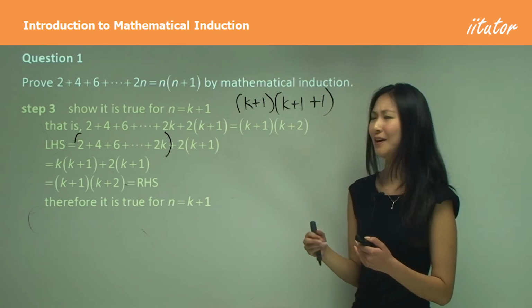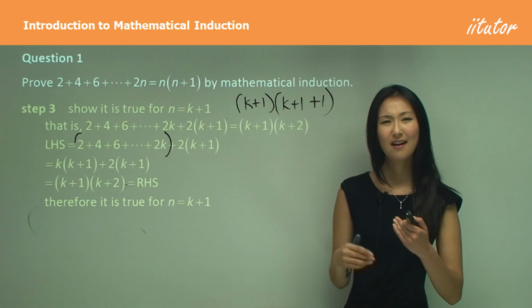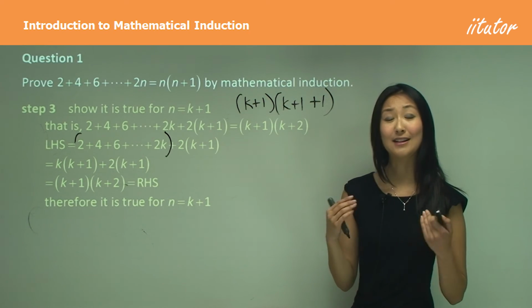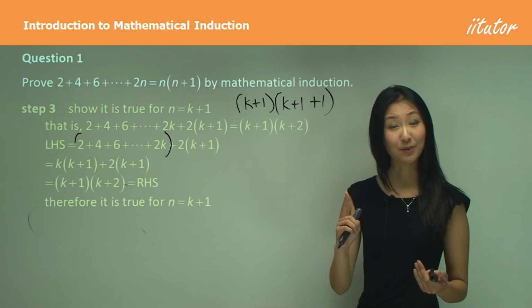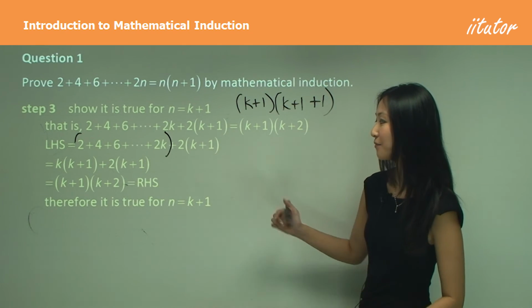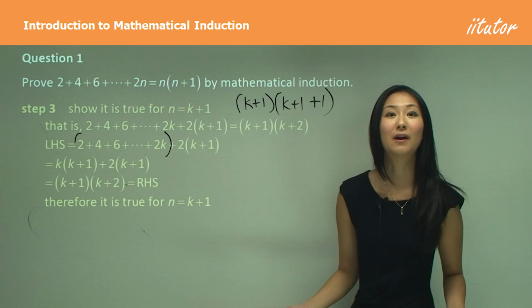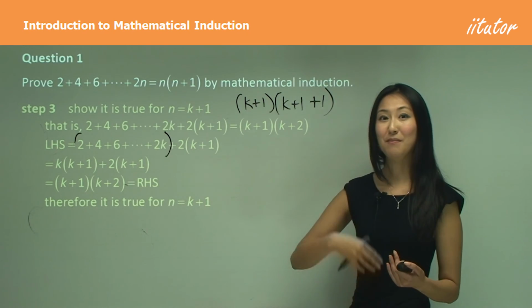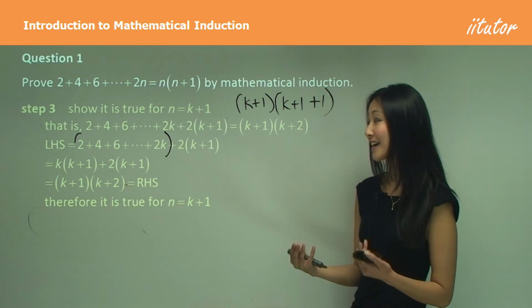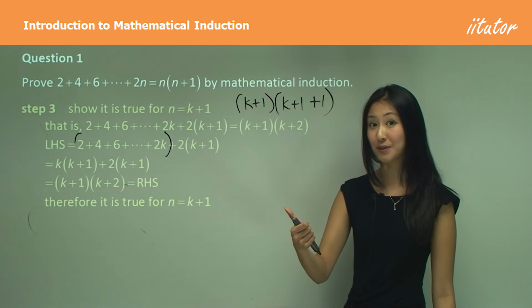Now, I want you to consider what have we actually done in all these steps? Well, in step 1, we proved that it's true for n equals 1, didn't we? And now we've proved that it is true for n equals k plus 1. That is any number plus 1. So we've actually proved that it is true for n equals 1.